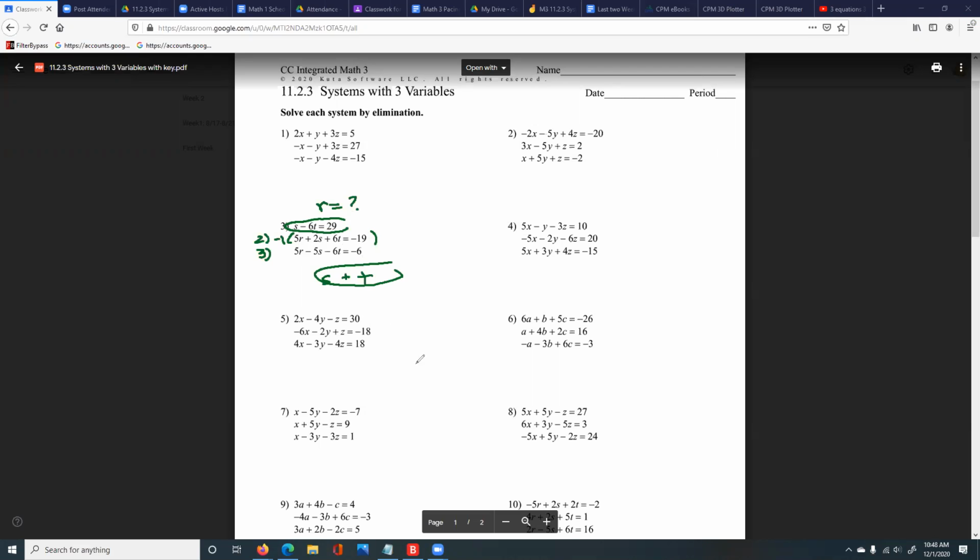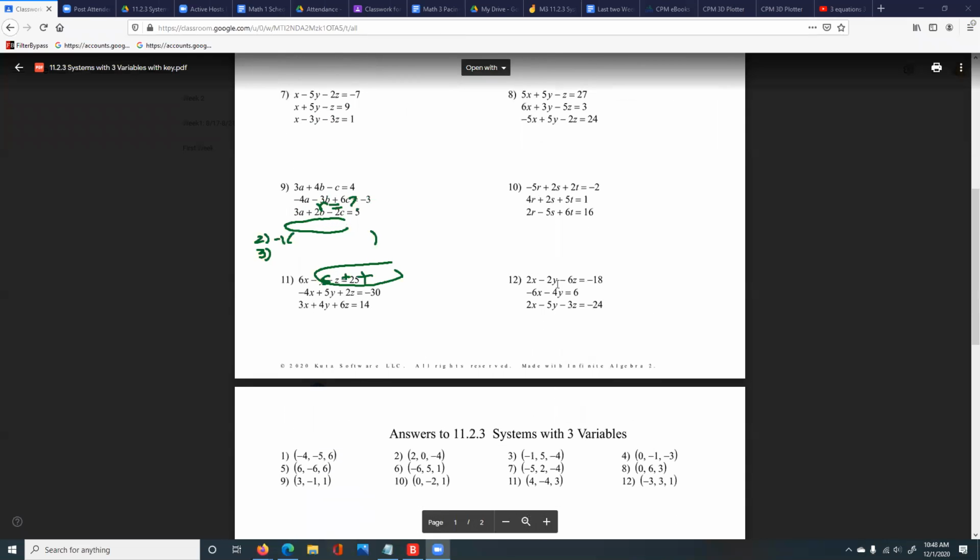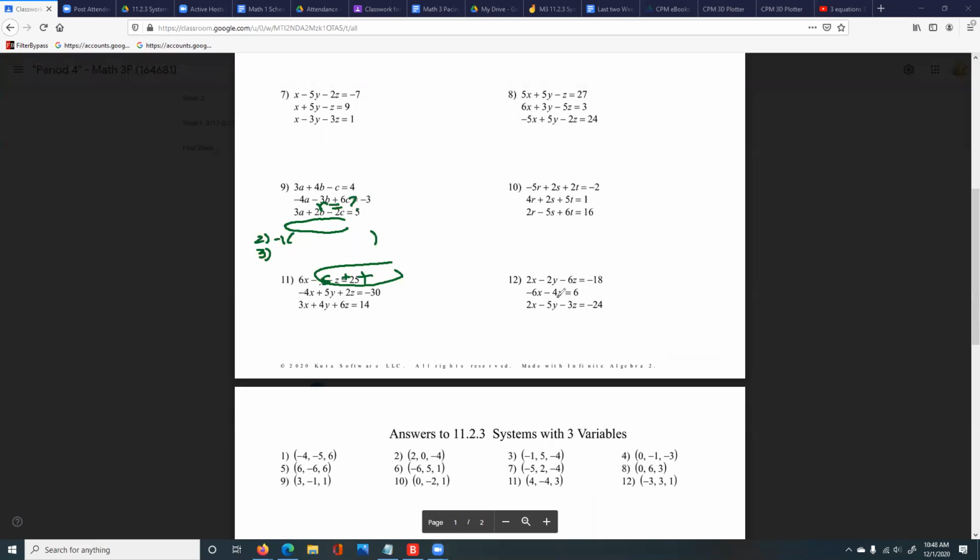And then number 12 that I picked is also of that vein. So let me scroll down here. Number 12 is very similar. The second equation only has an X and a Y. So what does that force me to eliminate for these 2 equations right here?